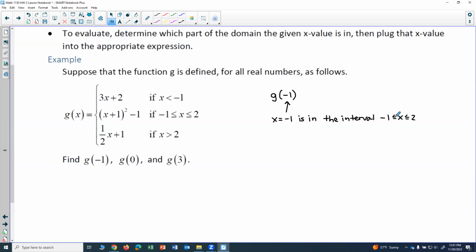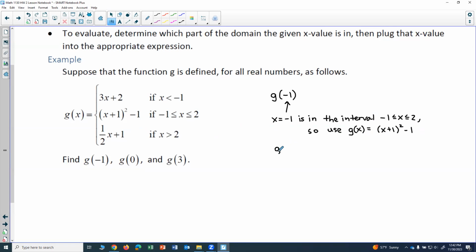-1 for x would fall into that category. So what we'll do is we'll use g of x equals this middle definition, (x plus 1) quantity squared minus 1. So I'm using the equation that corresponds with x being between -1 and 2 inclusive.